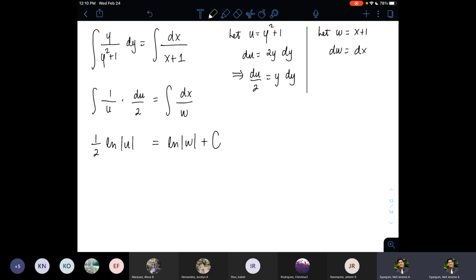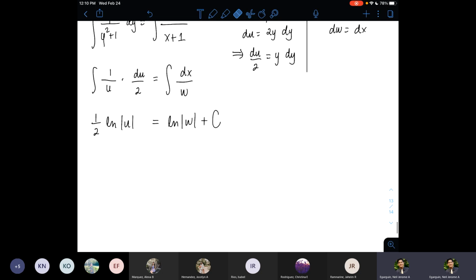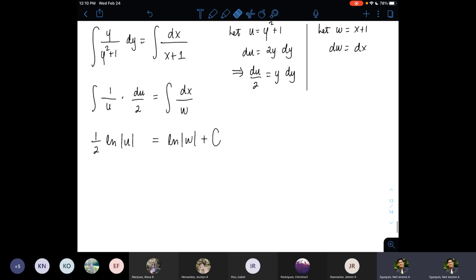We usually just use one arbitrary constant, but this constant c stands for the constant coming from the integration on the left, minus the constant coming from the right side. So we just lump them together into one big arbitrary constant c. That's why you only see one arbitrary constant here, but it is the difference of the arbitrary constants coming from the two integrals, right?